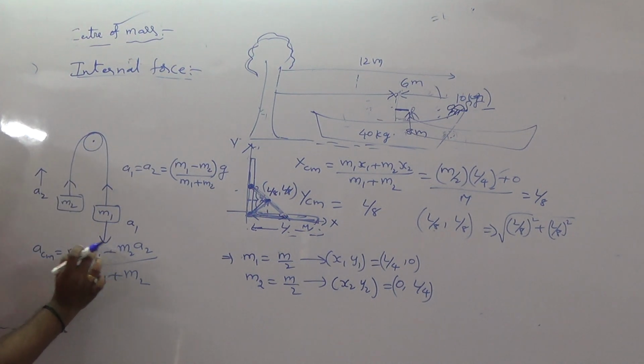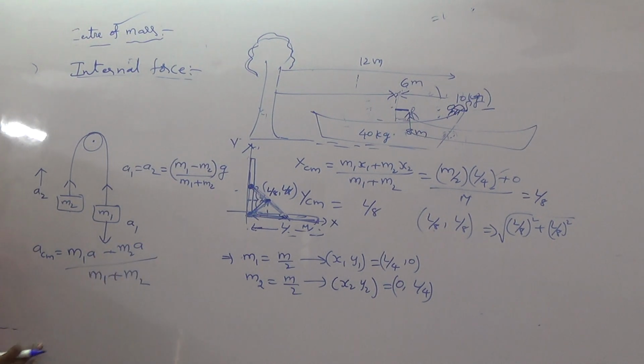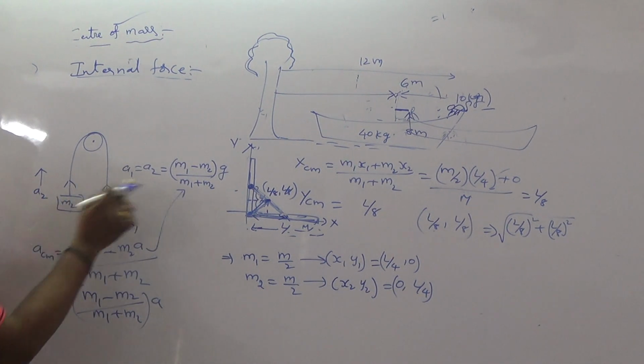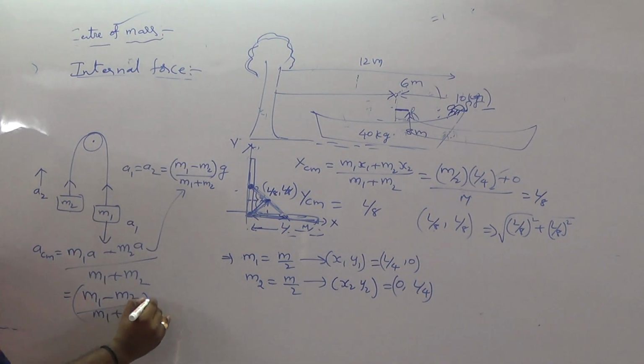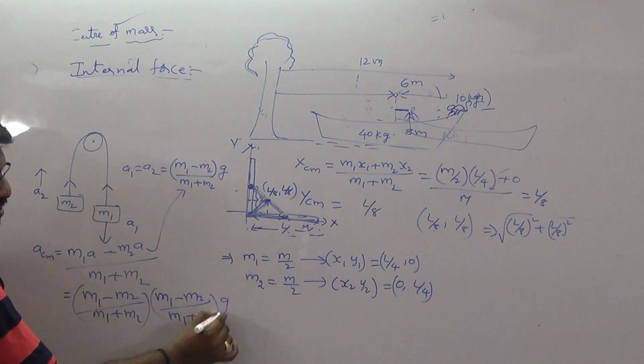That's why we get m1 a1 minus m2 a2 by m1 plus m2. Here a1 is equal to a2, so put a, no problem. Take out common: m1 minus m2 by m1 plus m2 into a. A means the acceleration of these particles individually, the same. So in place of a you get m1 minus m2 by m1 plus m2 into g.